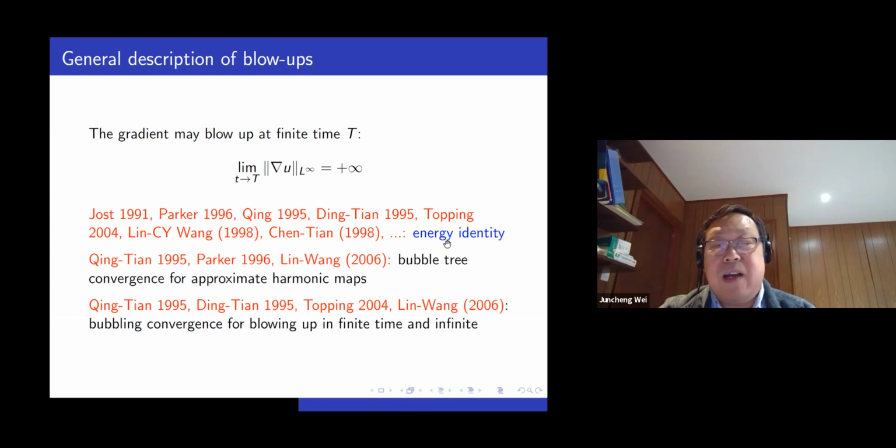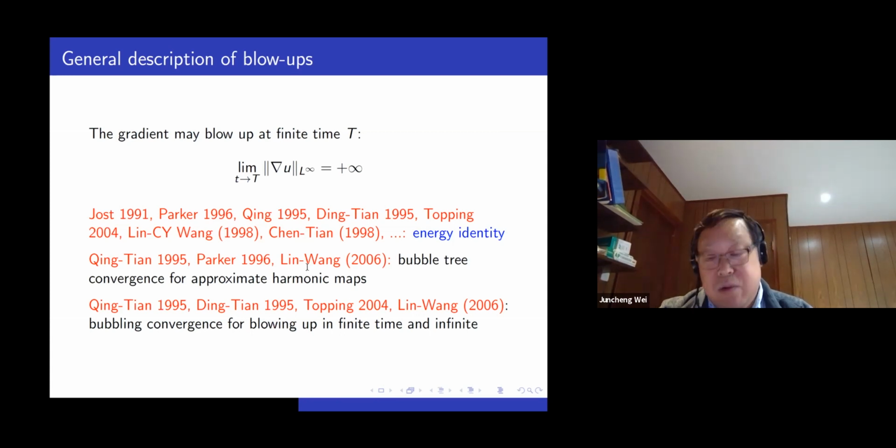You have energy identities, and also the bubble tree convergence for approximate Harmonic Maps. For blow-up in finite or infinite time, you also have bubble convergence by Qing, Gang Tian and many other people like Lin, Wang and Topping.